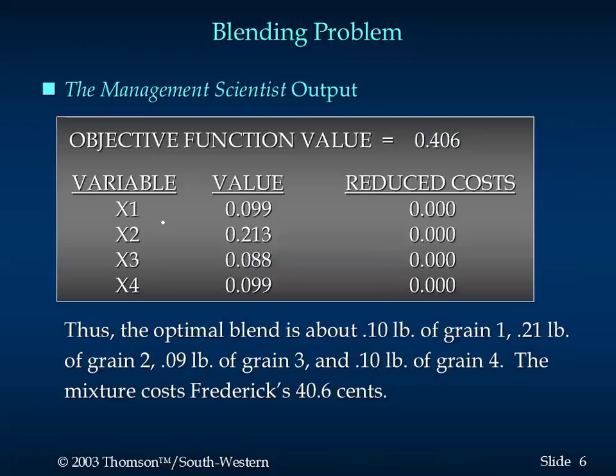So, how many pounds of each? 0.099 pounds of X1. X1 is grain 1. 0.213 pounds of grain 2. 0.088 pounds of grain 3. And 0.099 pounds of grain 4. Okay. Optimal objective function value is 0.406. That's the total cost. Okay.